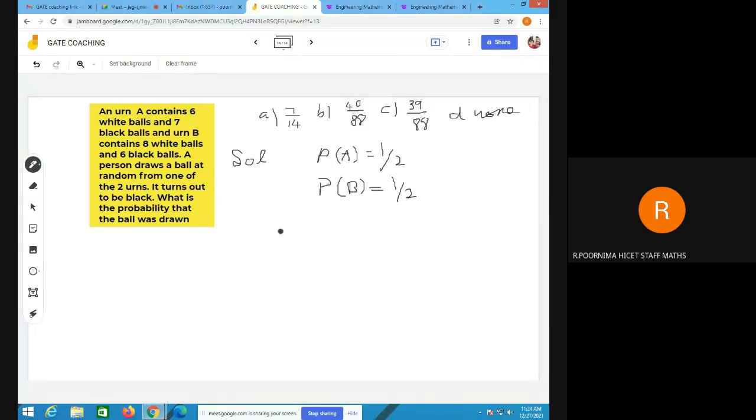In the question they asked to find the probability that the ball turned out to be black.